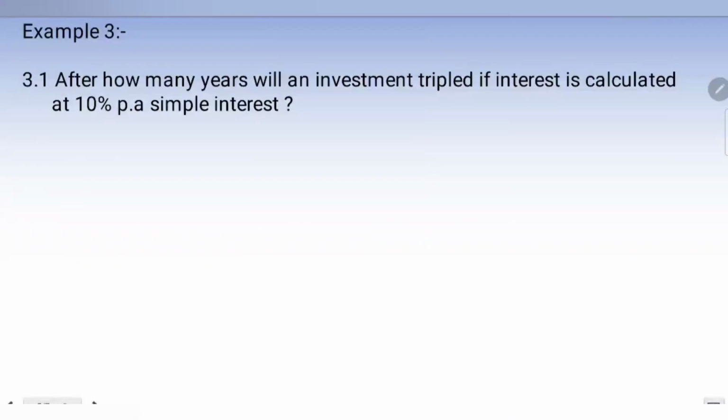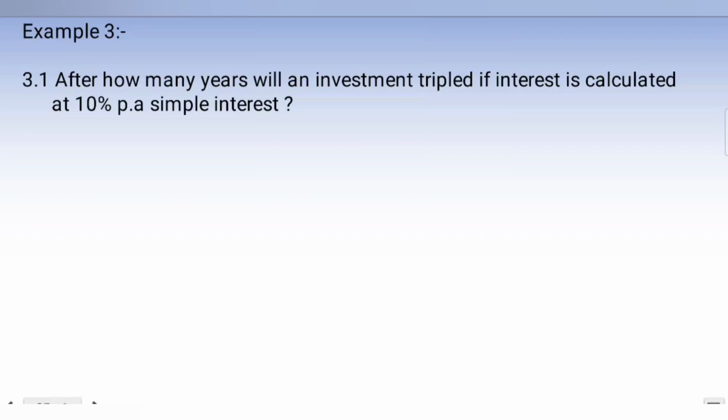Now move to the last example, example number 3. After how many years will an investment triple if the interest is calculated at 10% per annum, simple interest? Here, you can be confused because the question is after how many years, isn't it?